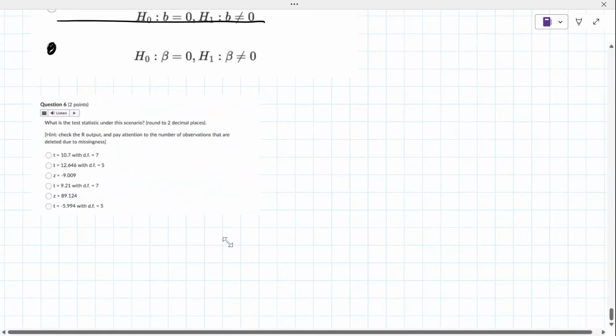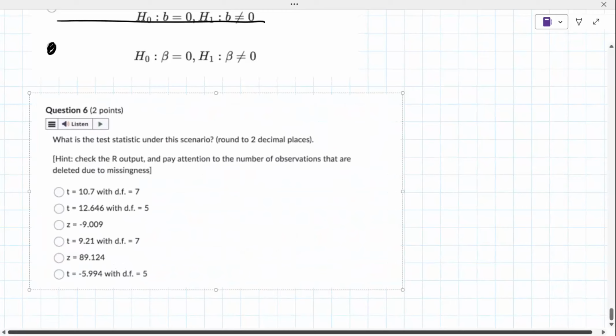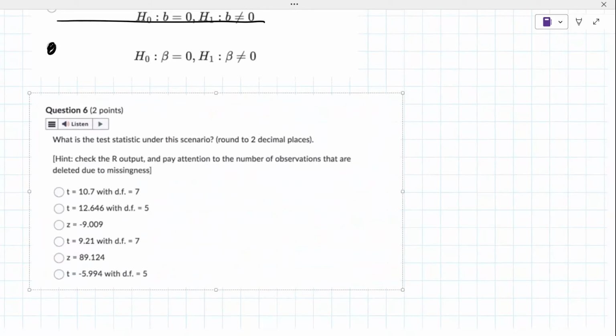For number 6, you're actually going to do this in software. We can sort of do it without it if we had to because of the degrees of freedom, but Excel has this built in as well. So we're going to do that on the other screen here. I'll snip in the results.